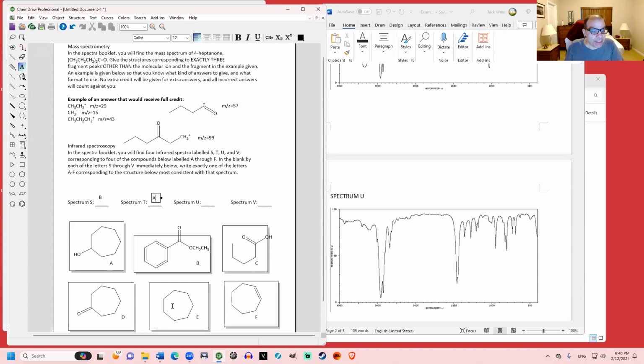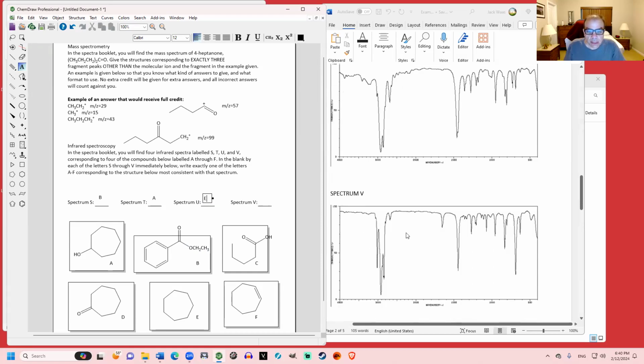And the only one that fits that description is E. And finally, spectrum V looks real similar, except there's some CH stretches above 3,000 wave numbers. So there's no carbonyl, no OH, no other functional groups, just hydrocarbon, but including some sp2 hybridized carbons. And the only one that fits that description is F.